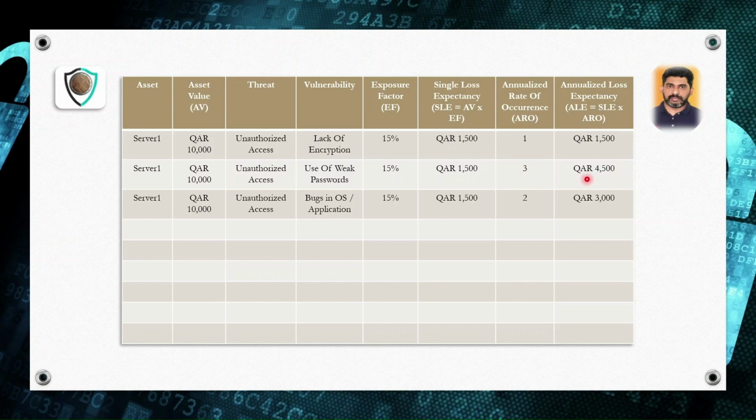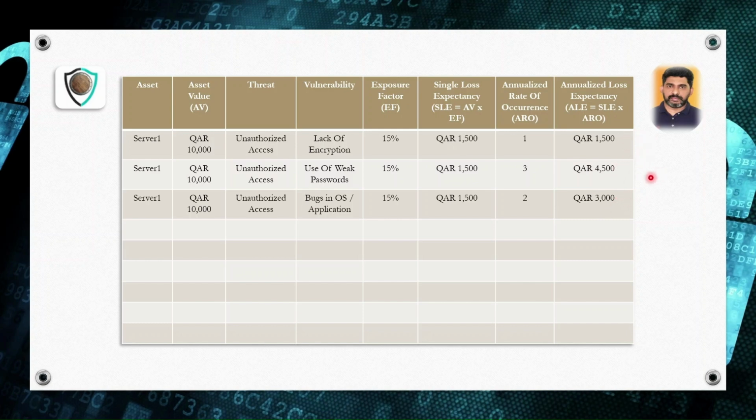Therefore, there is a likelihood of losing 4500 reals per year. And for the third threat vulnerability pair, the likelihood is 2. Therefore, the risk, or the ALE, will be the loss of 3000 reals per year.